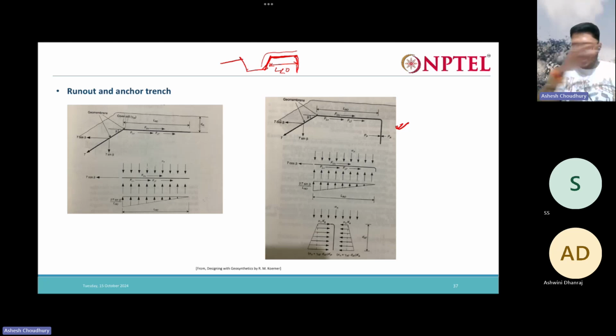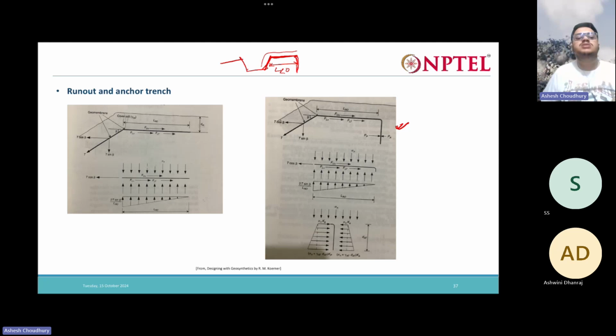You need to have an optimum length, and then if you want to make it more secure, you can tuck the geomembrane into an anchor trench. Okay, that will further secure the geomembrane in position.